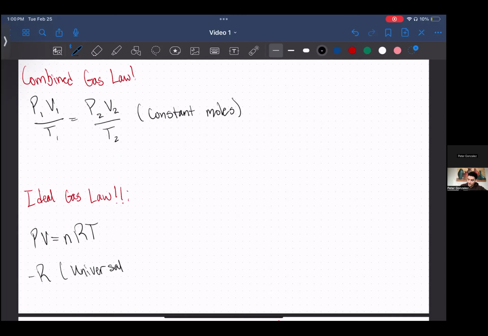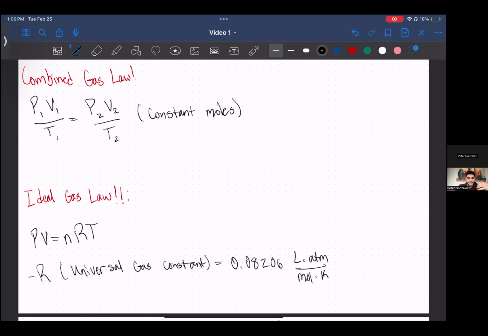I want you to put a star next to this or underline it or do something, because R comes up so often. It comes up with gases, with kinetics, with thermodynamics. So you really want to make sure you're using the right R, because there are two different ones you can use. In the case of gases, we use the R that is equal to 0.08206 liters times atm over moles times Kelvin.